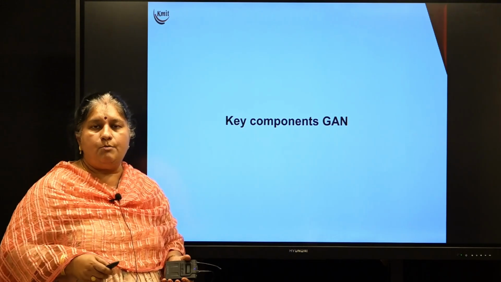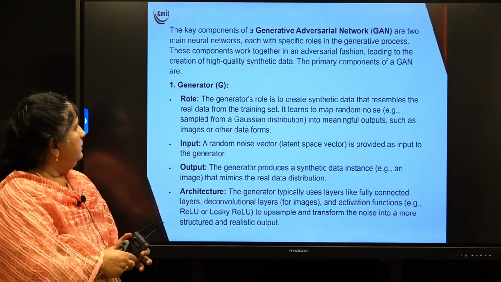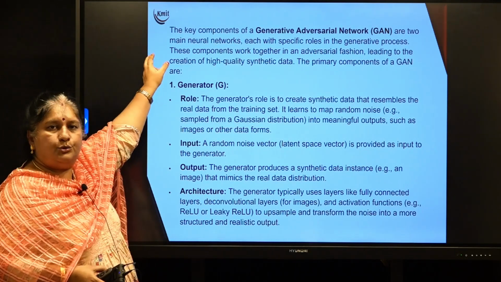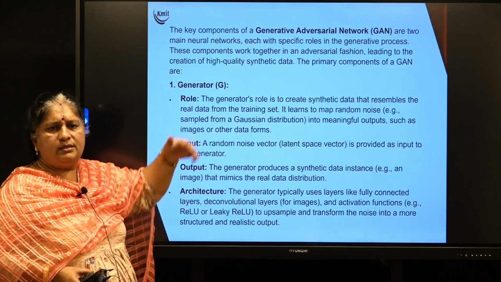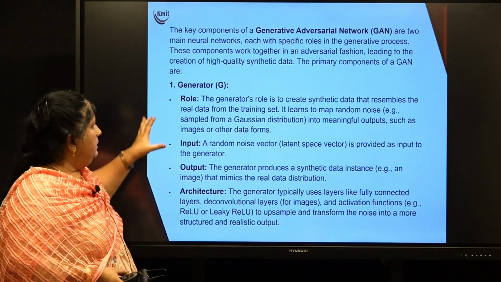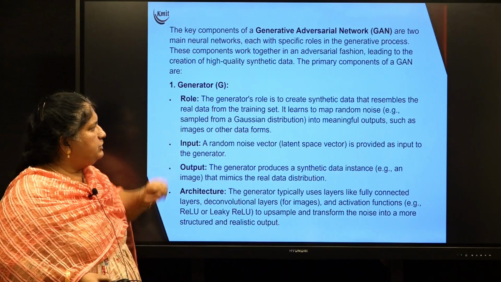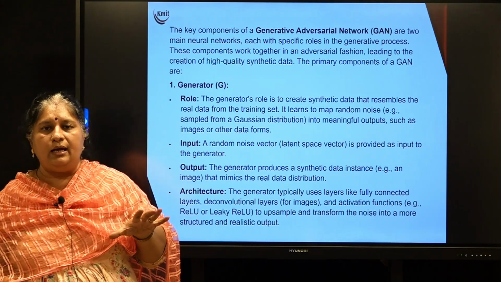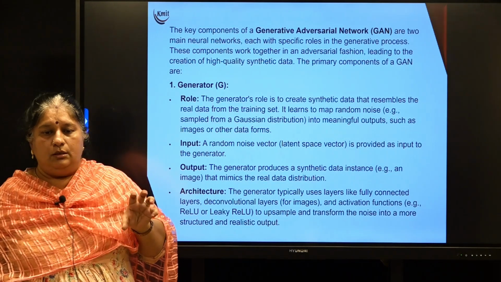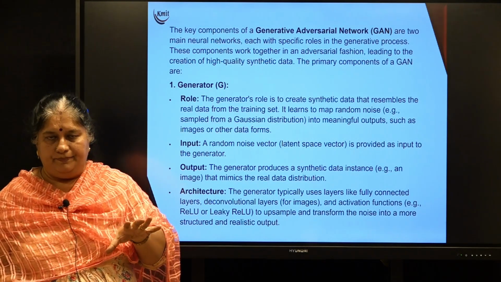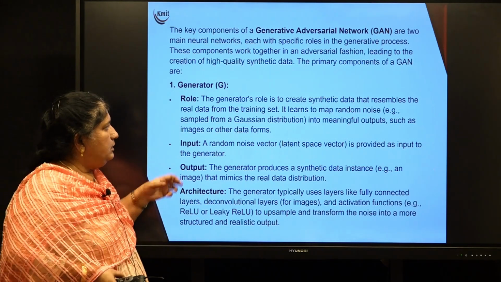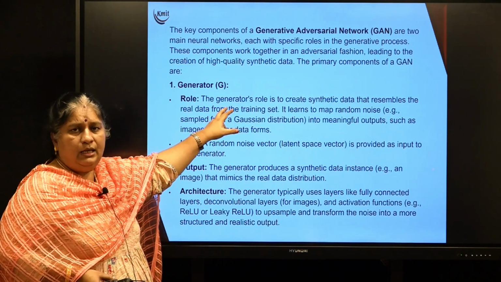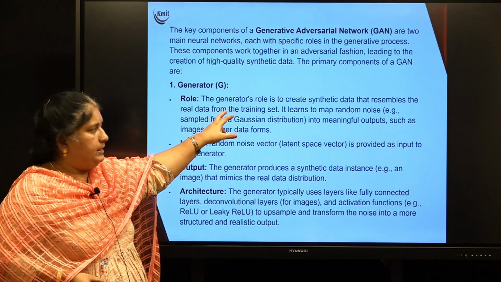Then, what are the key components of GAN? As we understood, the key components of generative adversarial networks are two main networks, and each one has its own role to play. Coming to the generator, what is the role of the generator? We understood the generator is trying to generate synthetic data, and it is always trying to mimic the real data, right? So it is trying to generate data which resembles the original data, and it is using the random noise vector from the training data set, right?